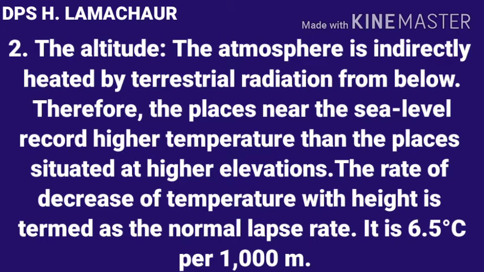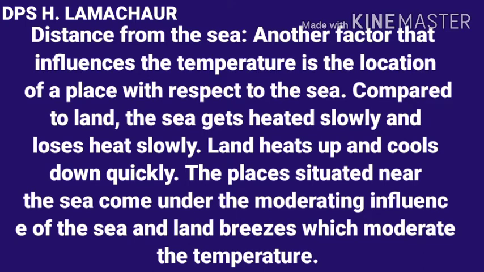The normal lapse rate of temperature change with altitude is 6.5 degree Celsius per 1000 meter, or we can say 3.5 degree Fahrenheit per 1000 feet. Thus, throughout the world, mountain areas experience low temperature. The third factor is distance from the sea.